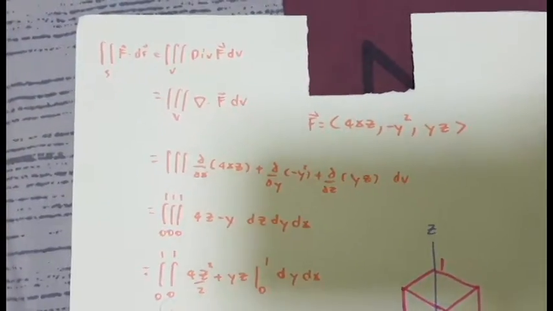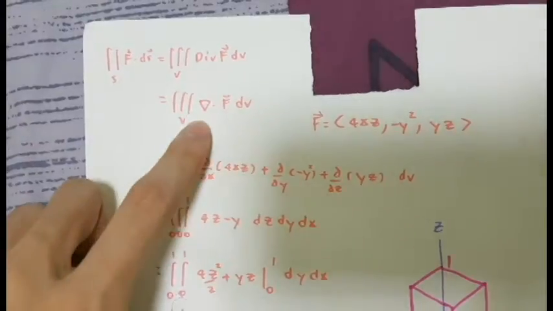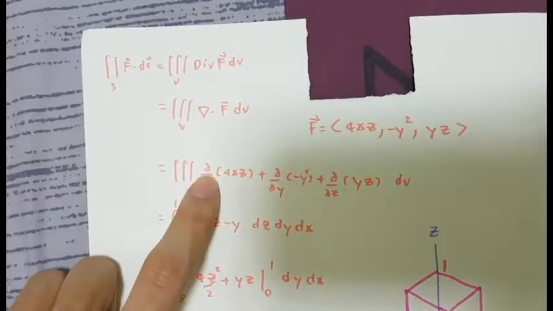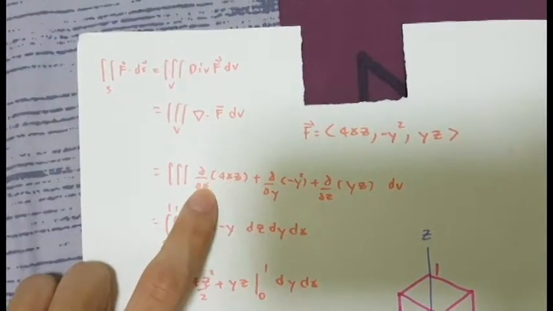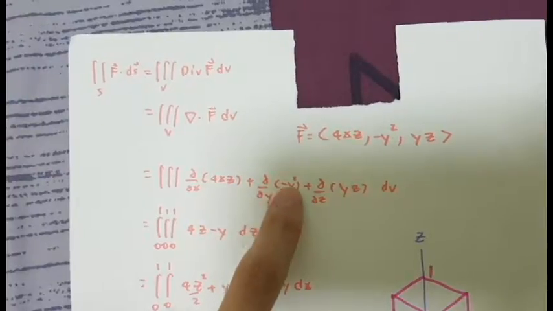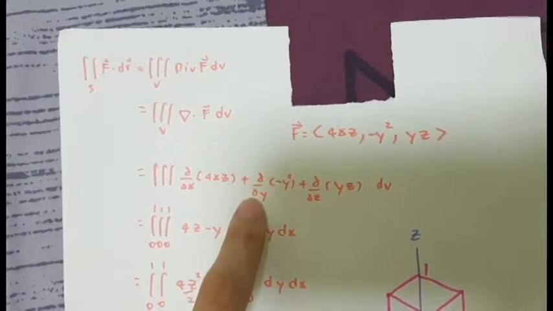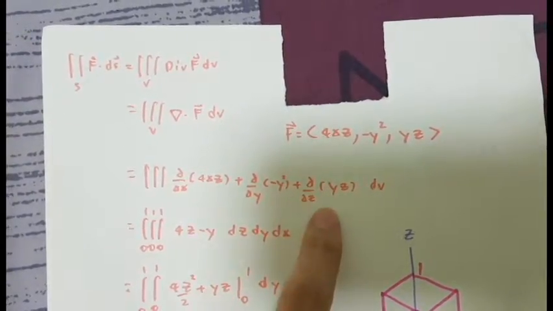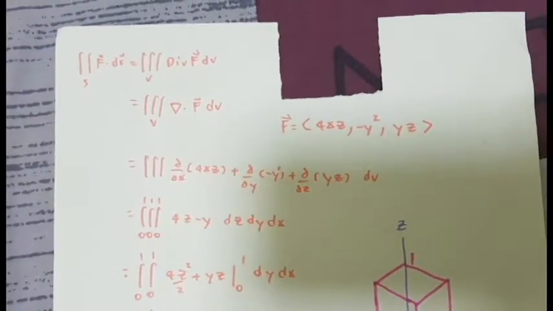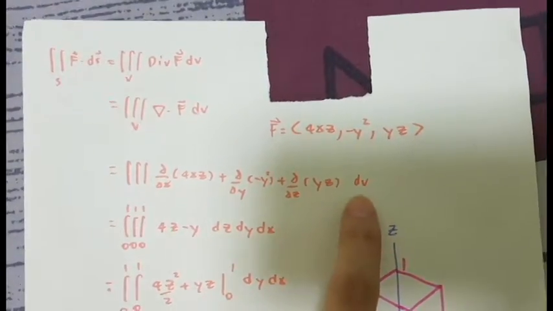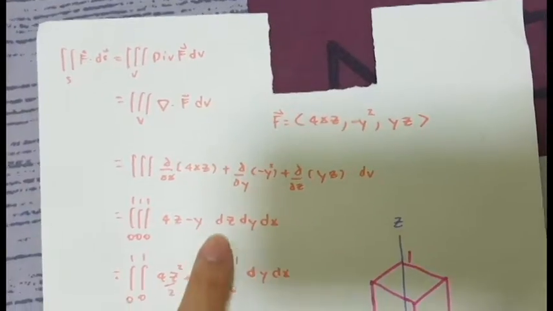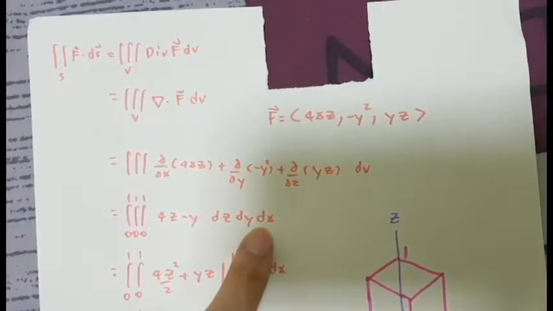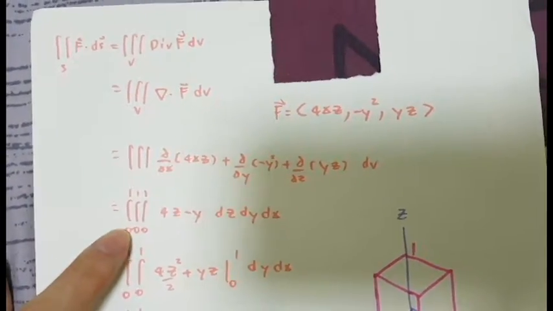Next we will calculate del dot vector F. We will get the partial of 4x with respect to x, plus the partial of minus y squared with respect to y, plus the partial of yz with respect to z, dV. Next I will change dV to dz dy dx, and we find the boundaries.